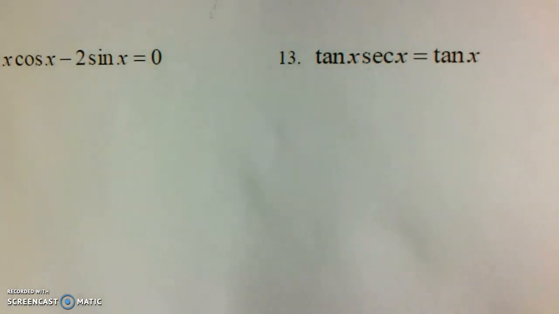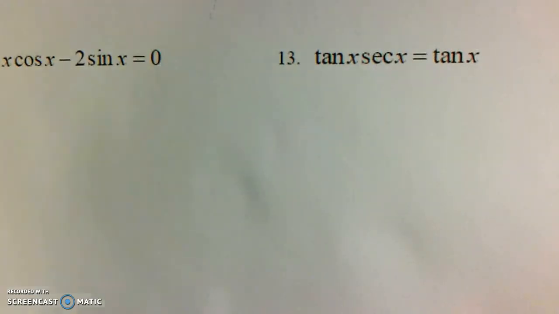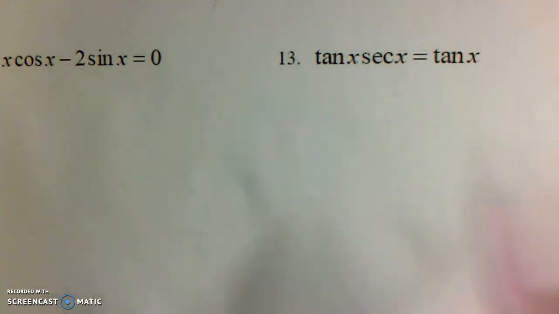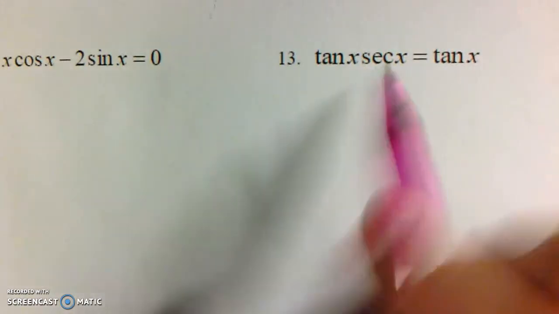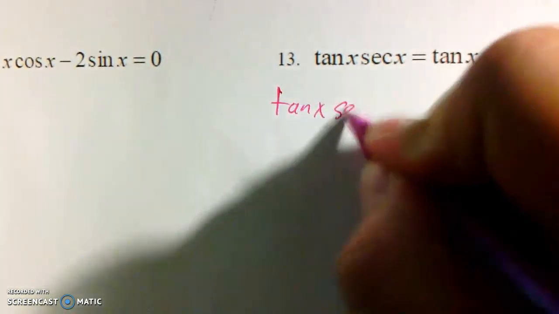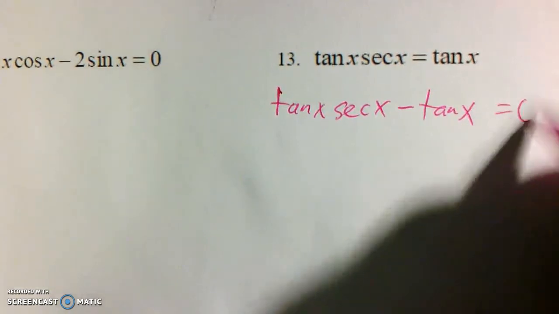Some of y'all might want to use identities and stuff like that, but on this one it's actually not really helpful. So I actually just want to set this equal to 0 first. That's going to be the easiest way to go about that. So again, it's subtracting tangent from both sides, and they're not like terms because this one has a secant next to it. So it's going to be tangent x secant x minus tangent x equals 0.